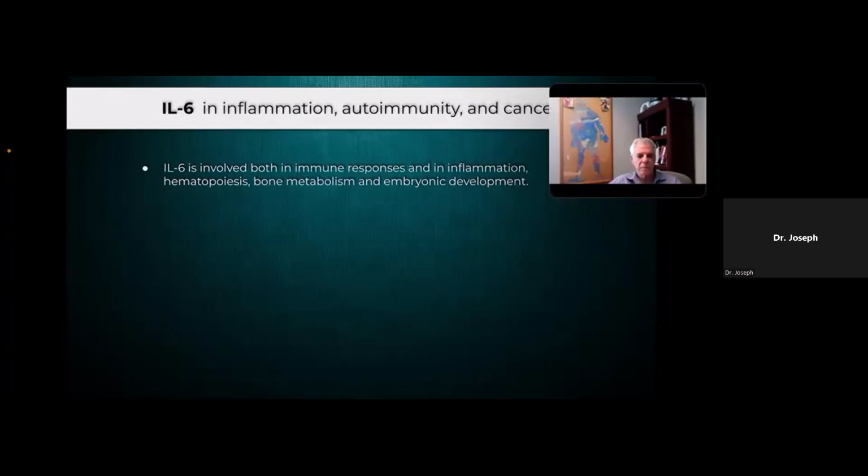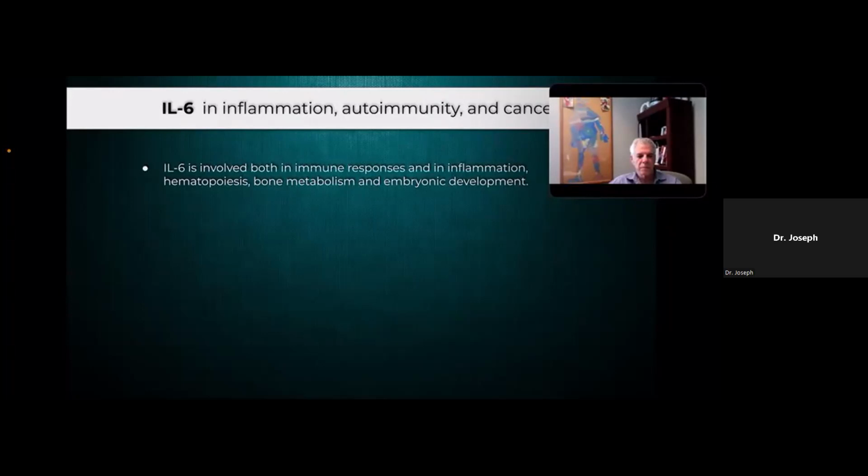So interleukin 6 is a big player. I think if there's one interleukin to really think about, it would be interleukin 6, because it seems to be connected to, it's the crossroads of all the major diseases. But it has different functions, and that's why it gets confusing, at least to me.